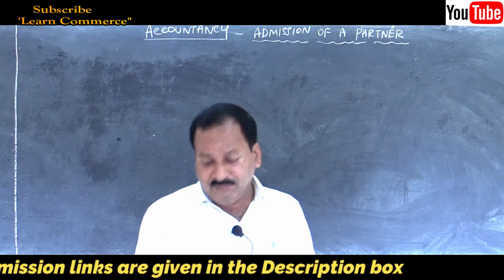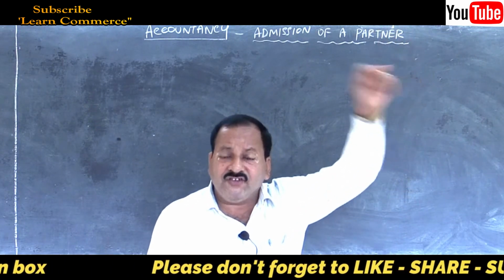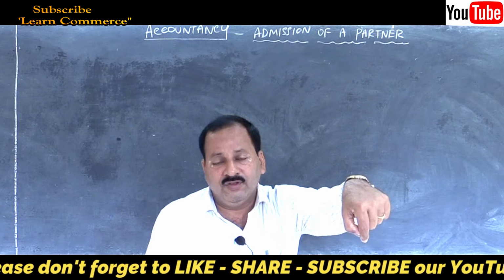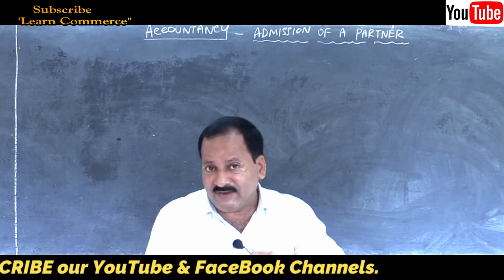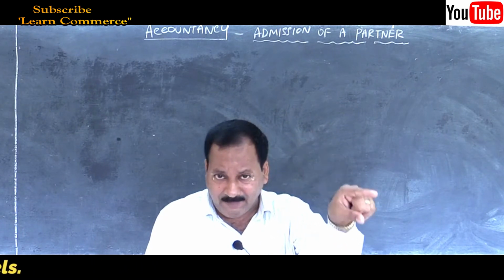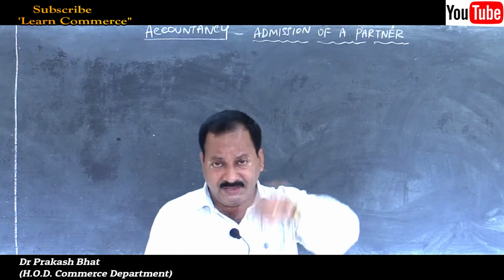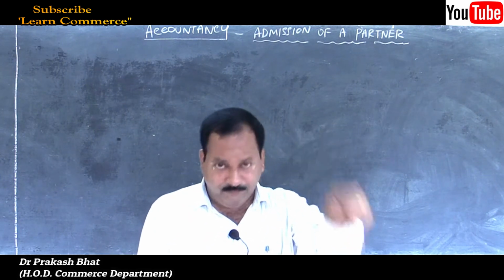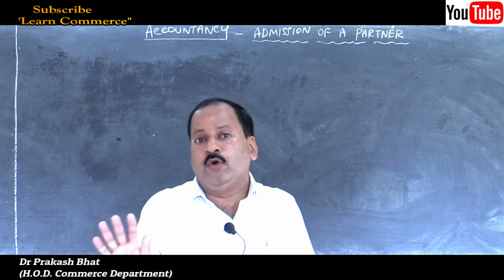And remember, this 25,000 should be added to cash in the new balance sheet. The cash opening balance given in the problem is 5,000. Add cash brought in by the new partner towards capital, 25,000, and add cash brought in by the new partner towards goodwill, how much? 15,000, because that amount is not withdrawn by the old partners.